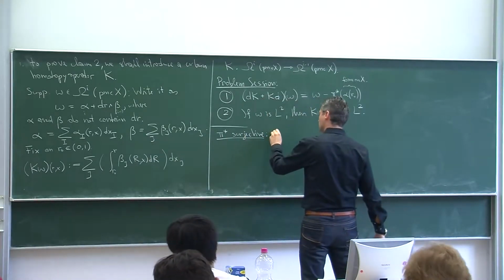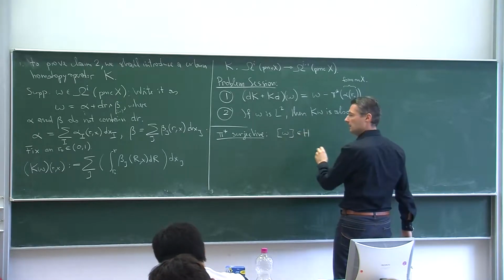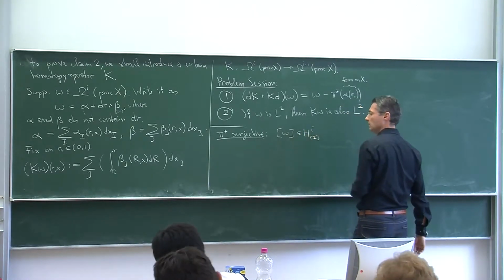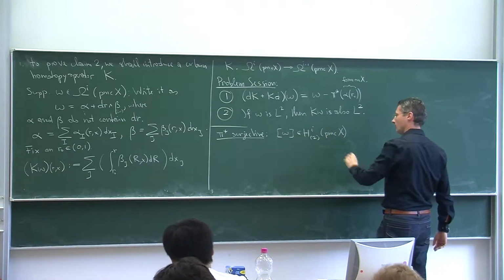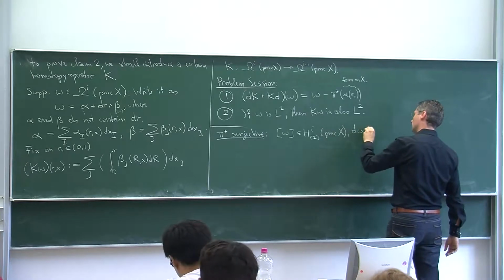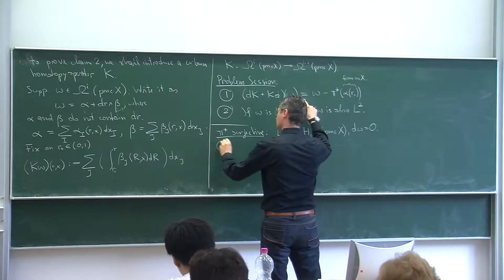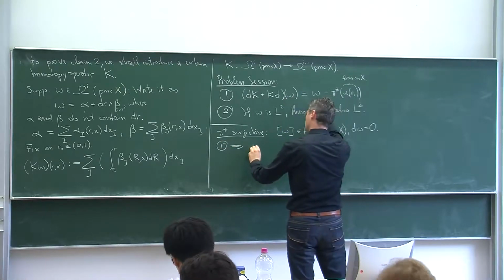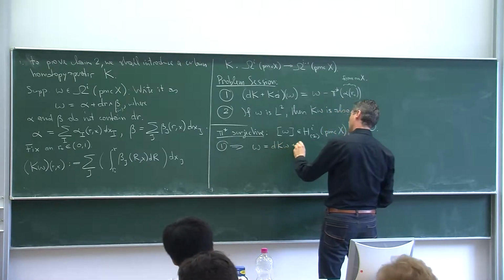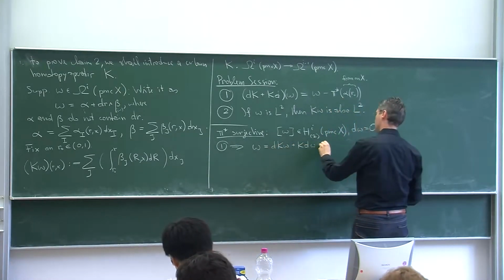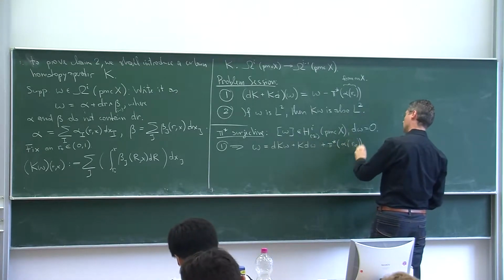Okay, if omega represents a class in the L2 cohomology of the punctured metric cone, so that in fact it's a closed form, well then according to 1, I can write it as dK omega plus Kd omega plus pi star of alpha at r_0.